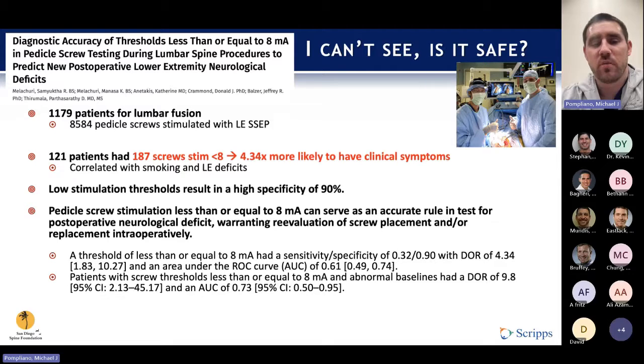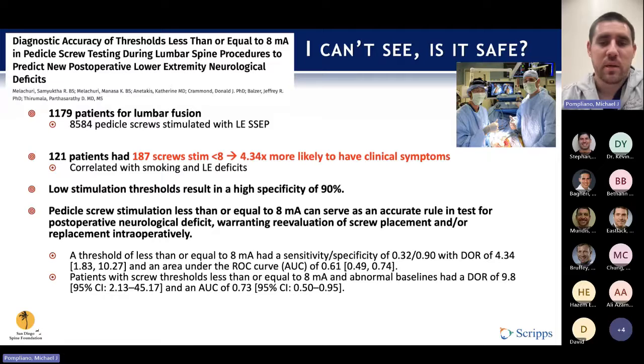So some evidence of neurologic either injury, pain, motor weakness, etc. They also noted that this correlated with smoking and lower extremity deficits. This was at a specificity up to 90%, and their conclusion was that less than 8 is a good cutoff as far as a low stimulation threshold, and that was consistent with the other literature I saw as well.